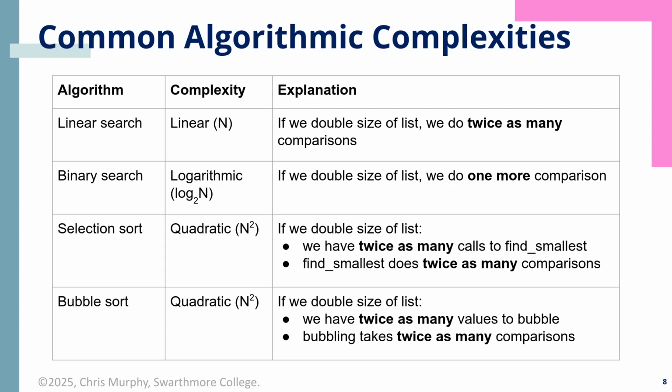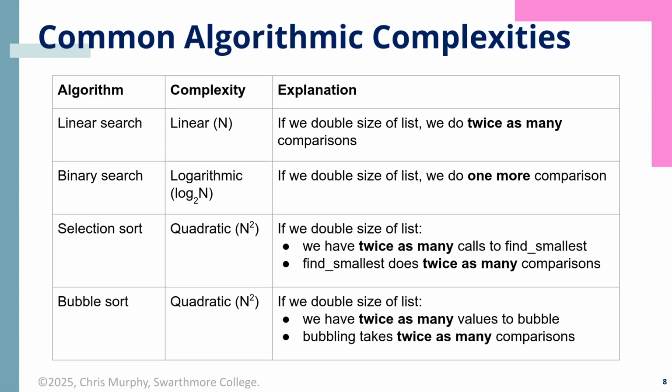We looked at n minus 1. But if I double the size, I'm doing around twice as many things, and we just don't look at the last one. So linear doesn't mean it's exactly n, where n is the input size. It means it's around that, or if I double the input size, I do around twice as many things.